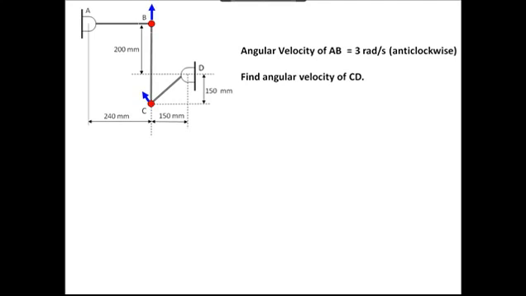D is the instantaneous center, so C has to move up, and the direction of C will be perpendicular to CD. So what we have managed with this is, for the link BC, we now know the velocity direction of two points B and C, and therefore by drawing perpendiculars to these velocities, we can work out the instantaneous center I for the link BC.